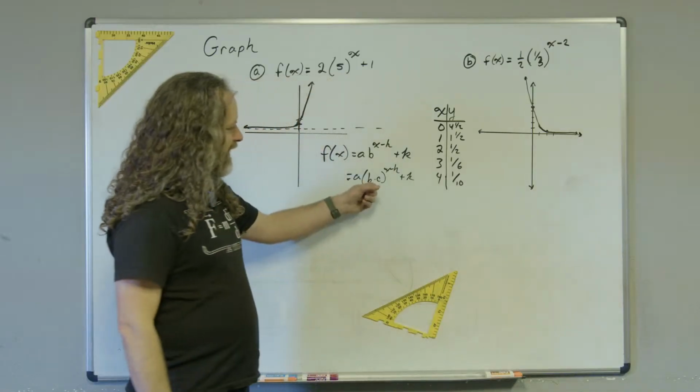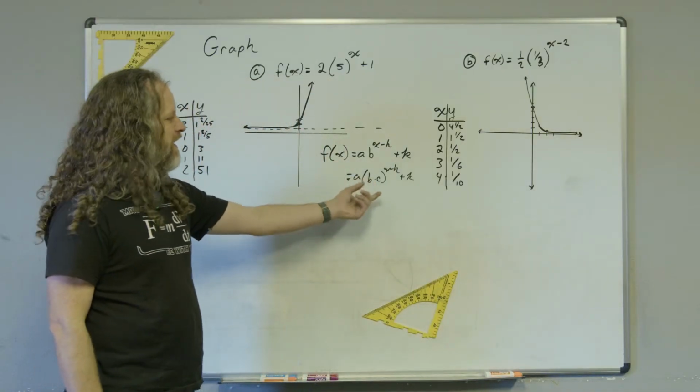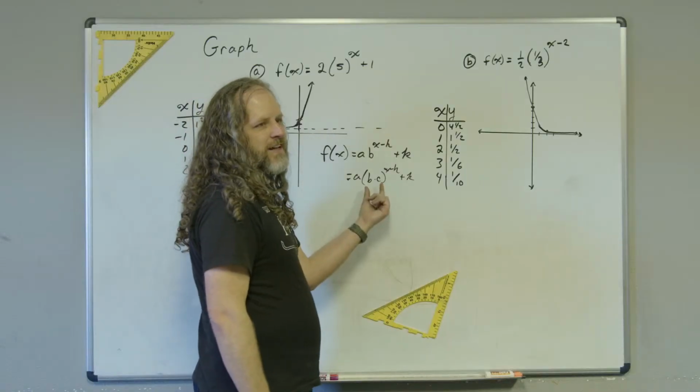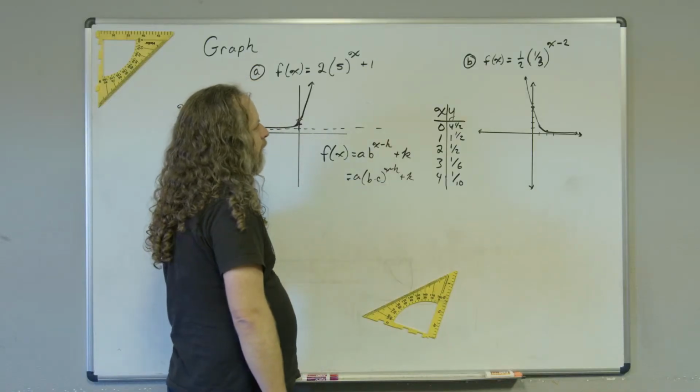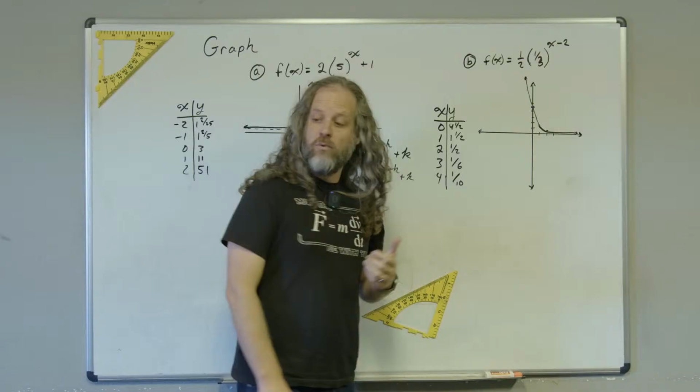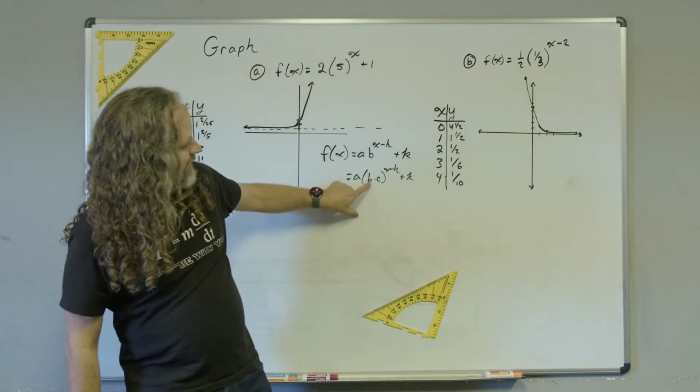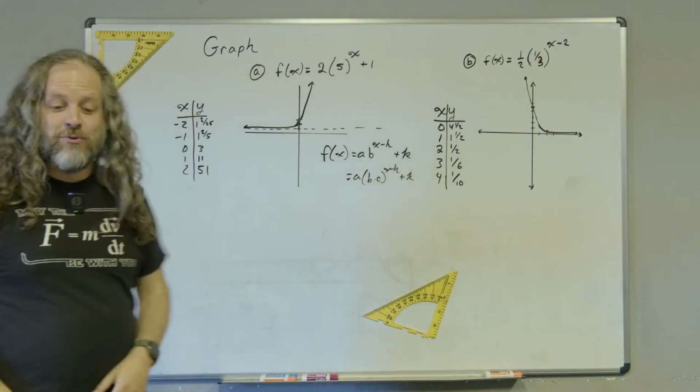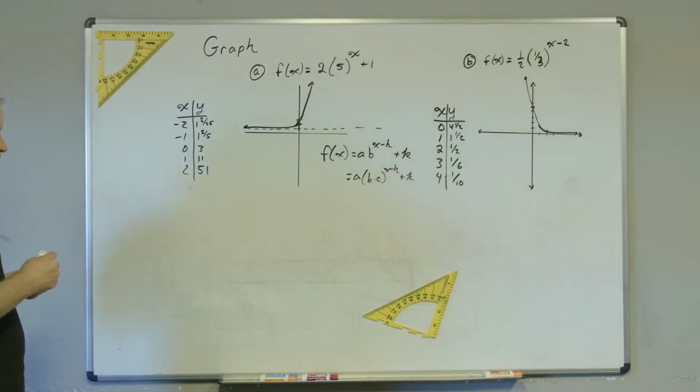Then it would be horizontal compression if we had another variable inside the parentheses. What if B is negative? That would be changing the B instead of the C.